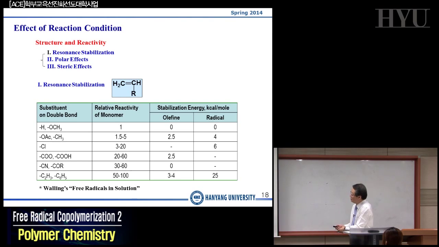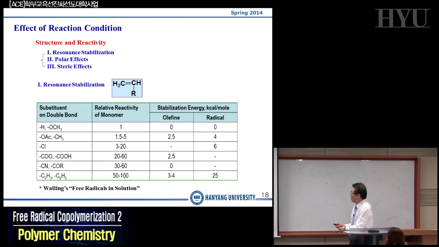So you change your substituents on the double bond with different groups, and the relative reactivity of your monomer, assuming that the reactivity of the monomer in ethylene is 1, will perhaps increase with the type of your substituent groups. So there might be something happening, and it looks like the structure of your monomer will greatly influence your reactivity, right?